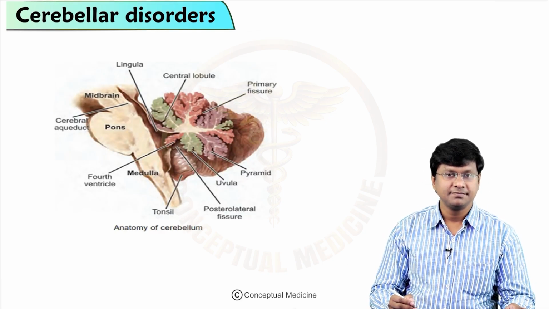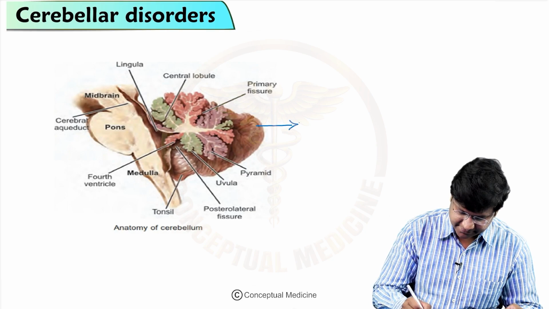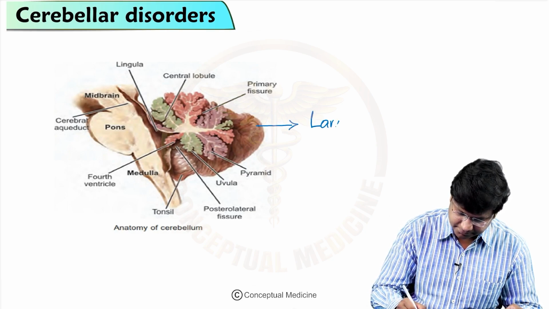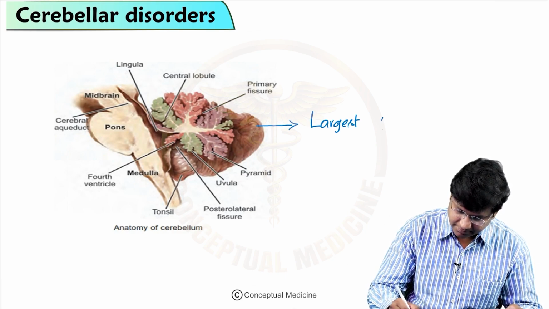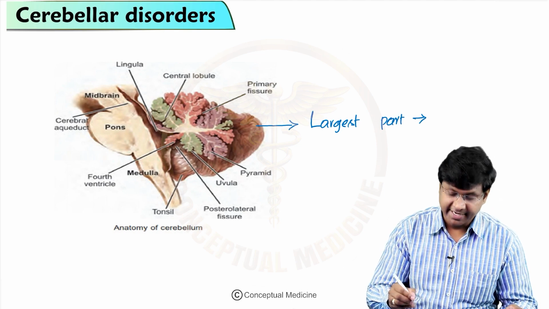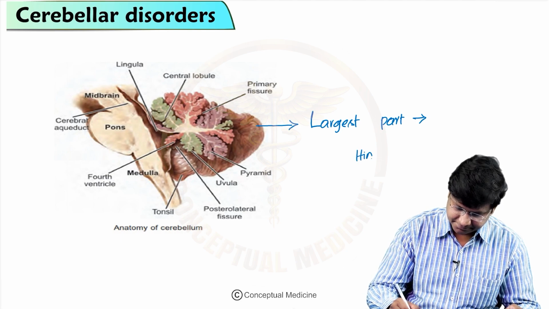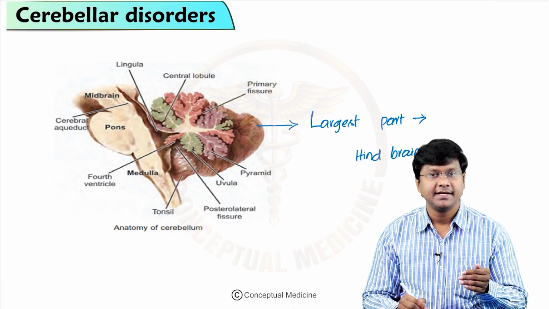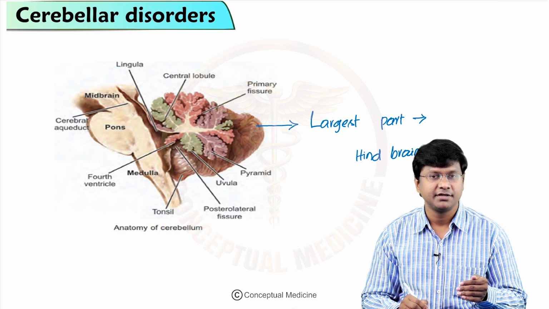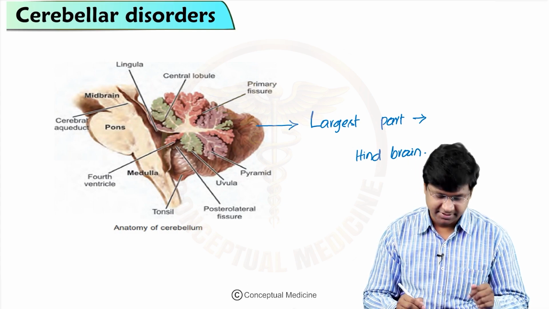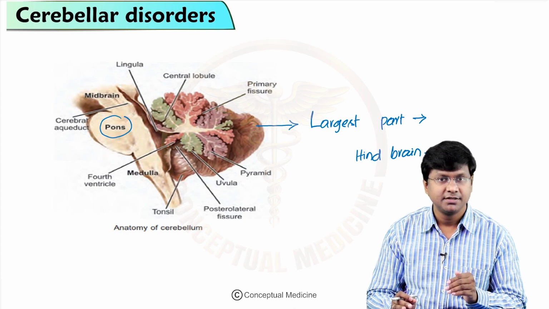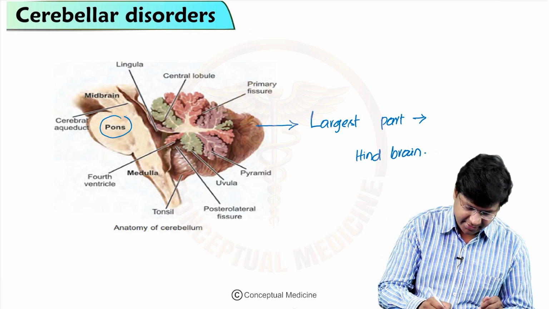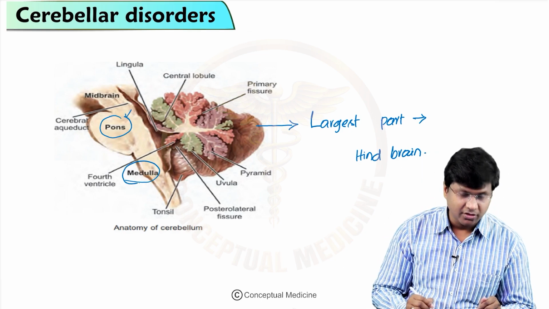So if you take the cerebellum, it is the largest part of the hindbrain, and it is situated in the posterior cranial fossa behind the pons and as well as the medulla oblongata.